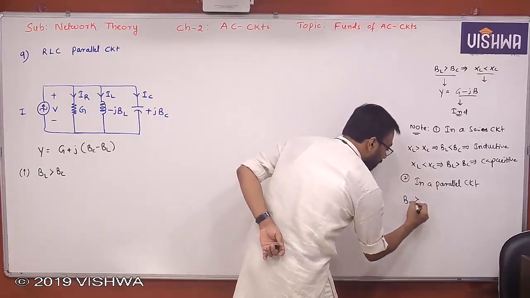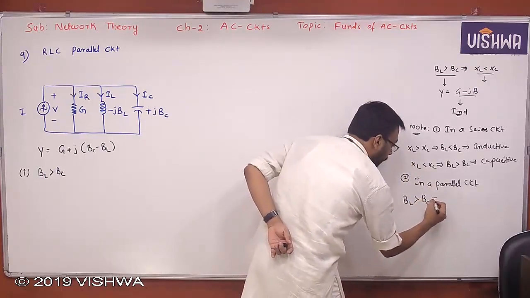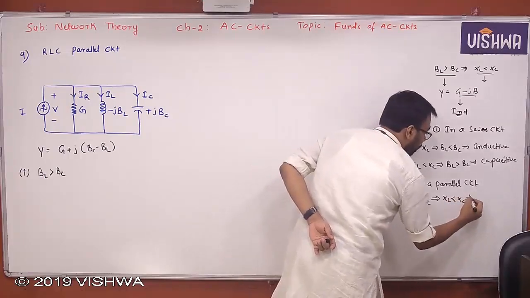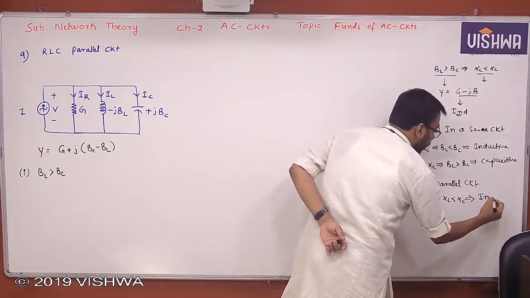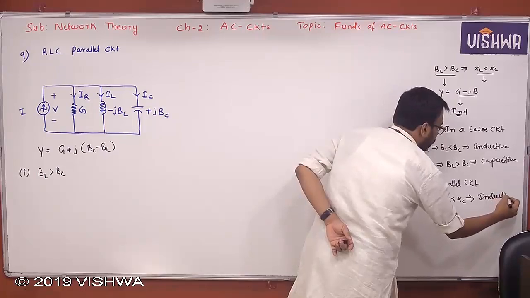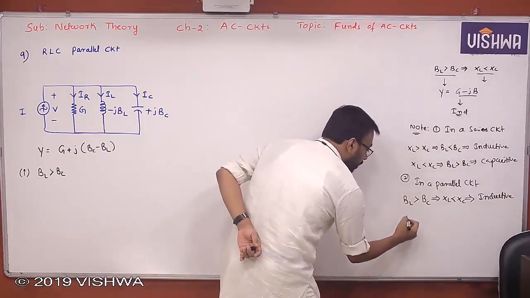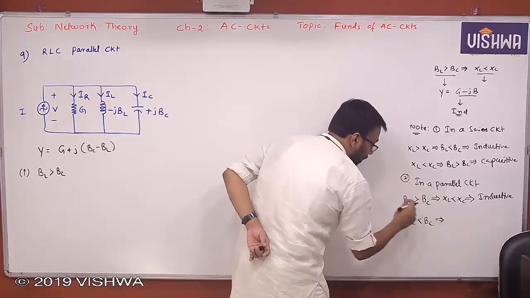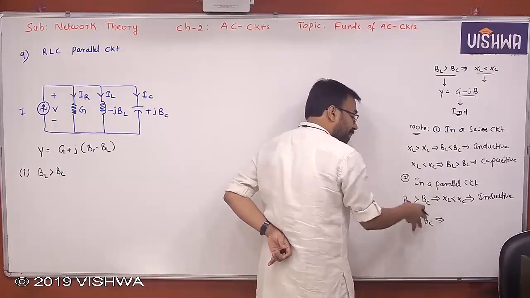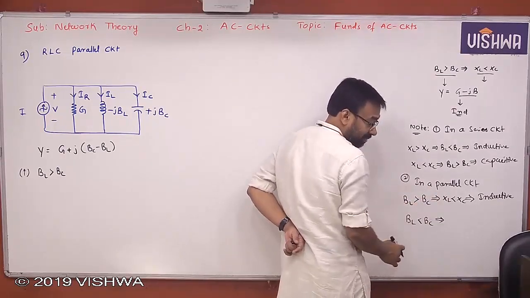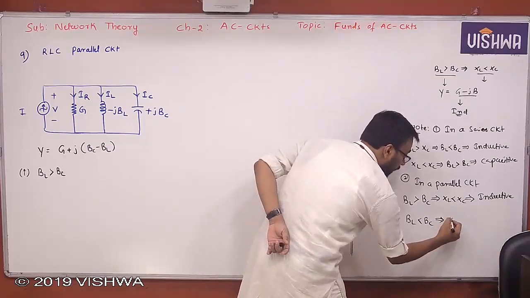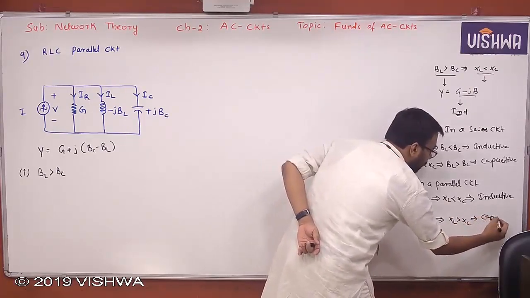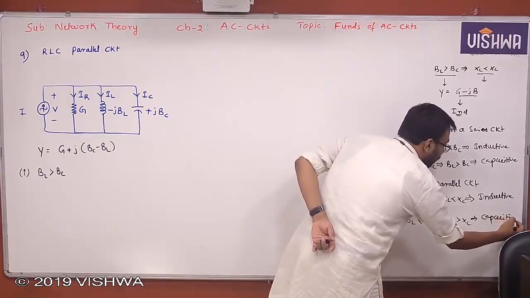So BL greater than BC, that means XL less than XC, that means it is inductive. You understand, all of you? Then BL less than BC. Yes, here you can compare. If BL greater than BC in a parallel circuit, no doubt XL less than XC. Understand? So XL will be greater than XC in this case. It becomes capacitive.